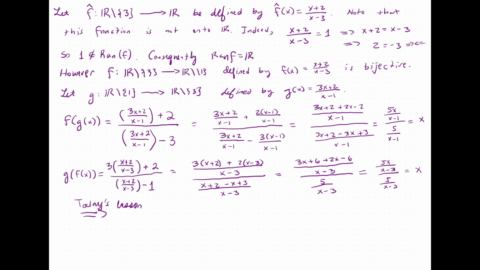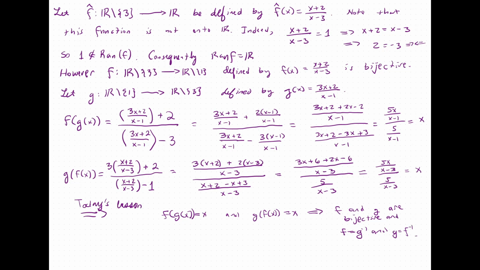So today's lesson will imply that f of g of x being equal to x and g of f of x equal to x. Since both of these are equal, this will imply that f and g are bijective, and f is equal to g inverse, and g is equal to f inverse.